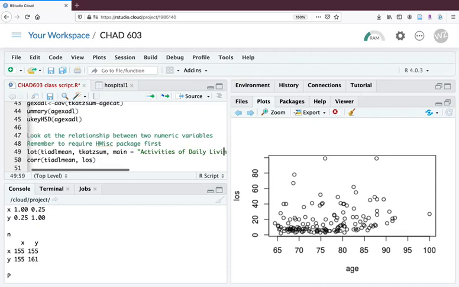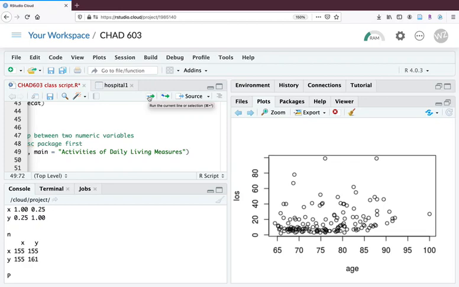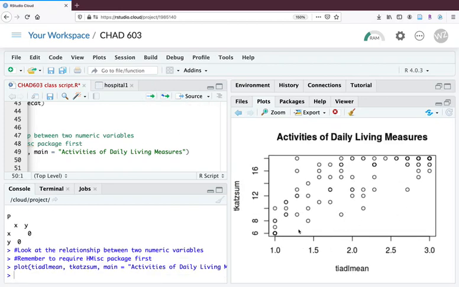So we're going to change our main level to activities of daily living measures. So the question is if you're strong on one, do you tend to be strong on the other? We would think so. So now we see something even much more orderly.